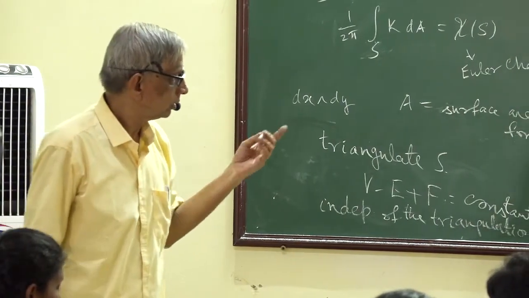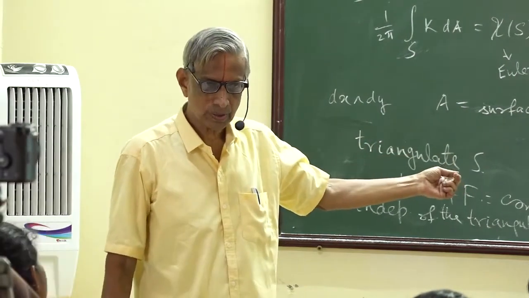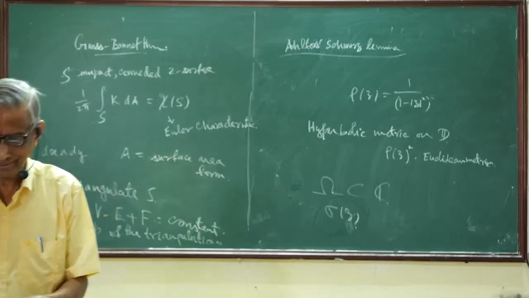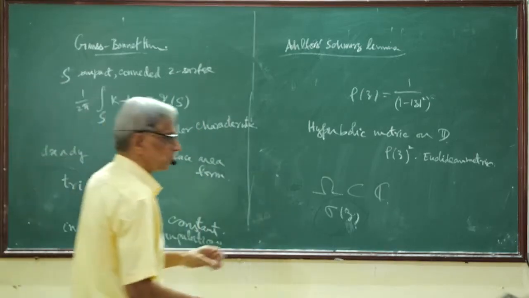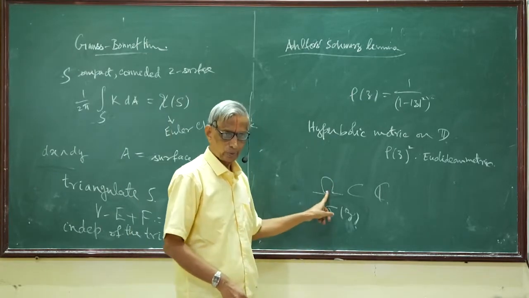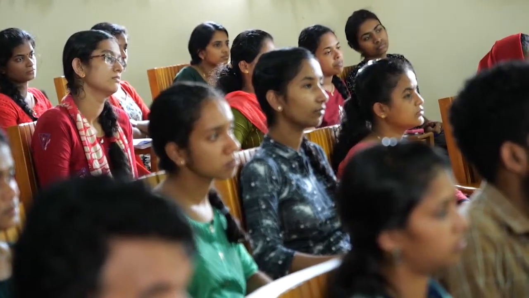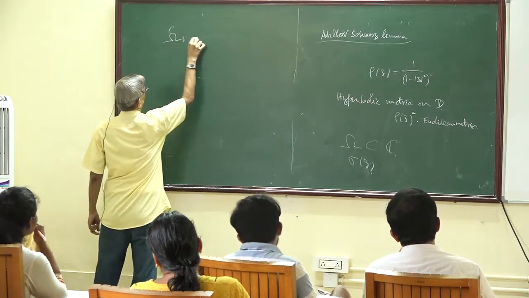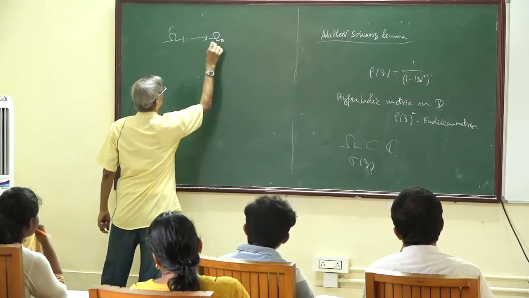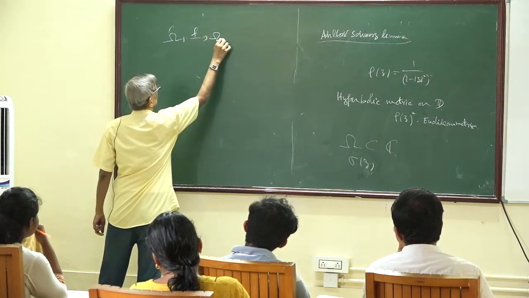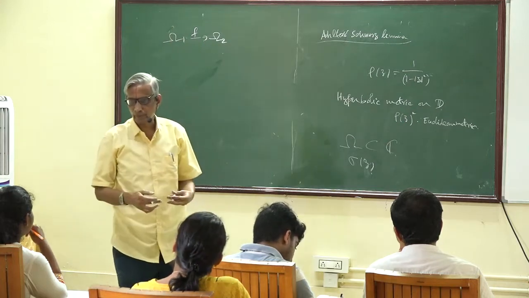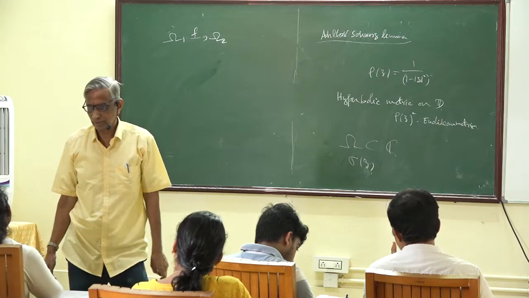So each of these functions of this type will give you a Riemannian metric on the tangent space at each point of this domain omega. What Alfors' lemma says is the following. Okay, so if you have two domains, omega 1 and omega 2, suppose you have a function which is analytic on omega 1, taking values in omega 2.